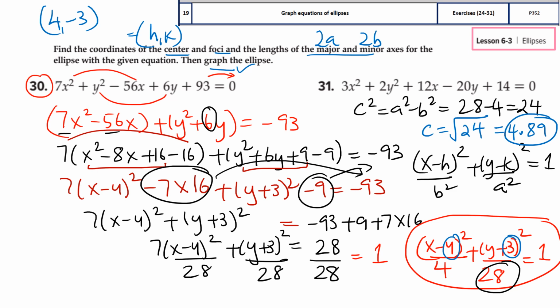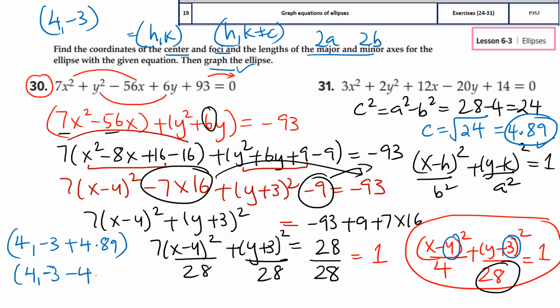For your foci, you will have h comma k plus minus c. So you already got your c, 4.89. So 1 is positive, so I will write 4 comma minus 3 plus 4.89. That's one foci. Remaining is with the negative sign, so minus 4.89.